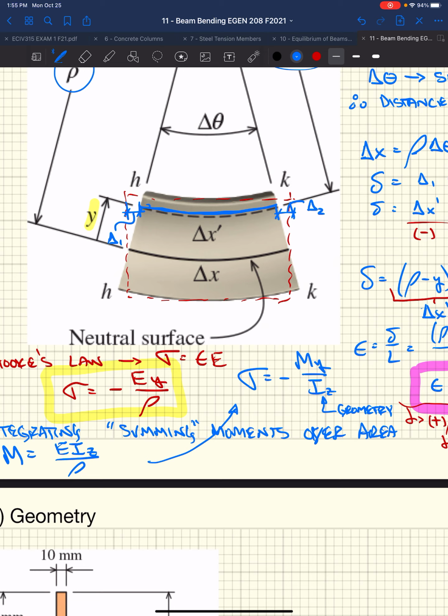Our member is going to bend about the Z-axis. We want to know the stiffness or resistance to rotation, as you did in eGen 203 with moment of inertia. You need to know how stiff the section is, and that affects what kind of stresses you'll see within the cross-section.